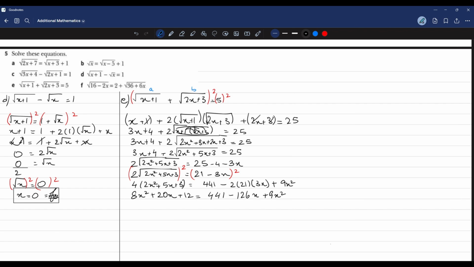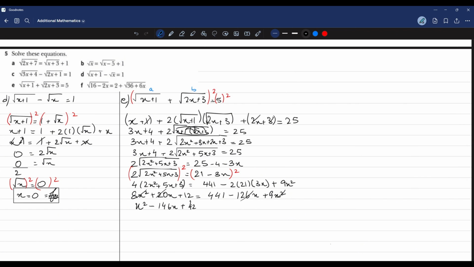Now simplify this. 9x squared minus 8x squared is equal to x squared here. Negative 126 minus 20 is equal to negative 146x, plus 441 minus 12. 441 minus 12 is equal to 429.